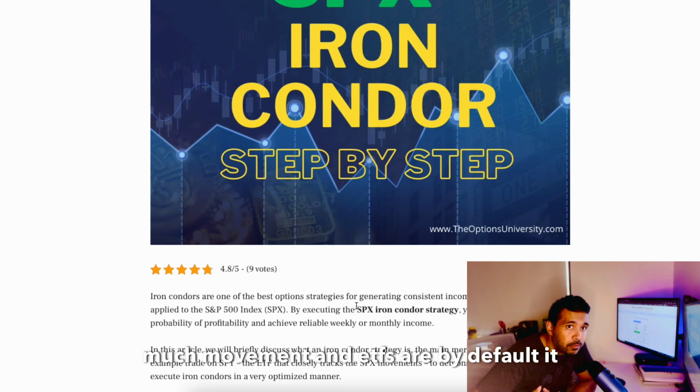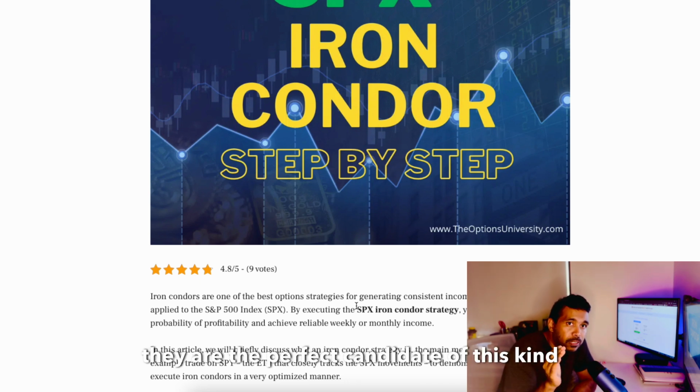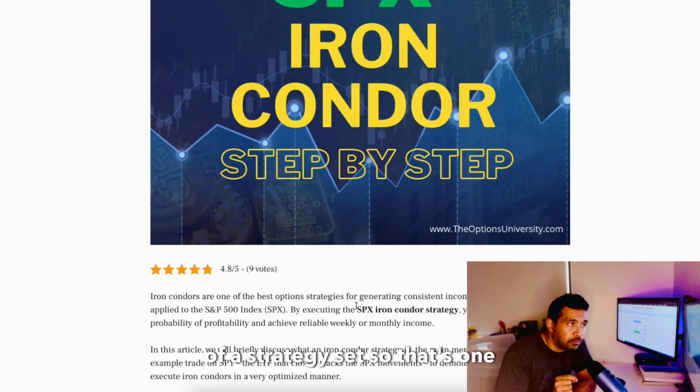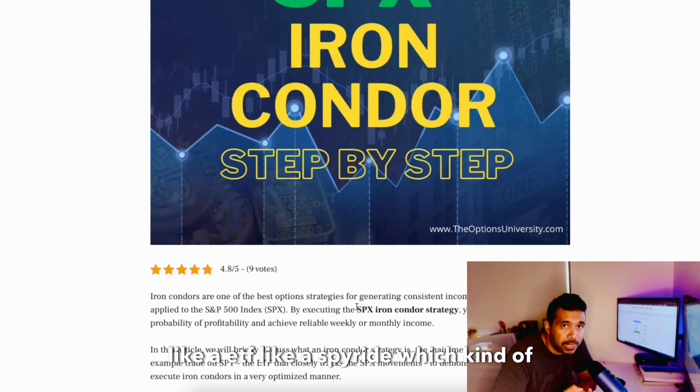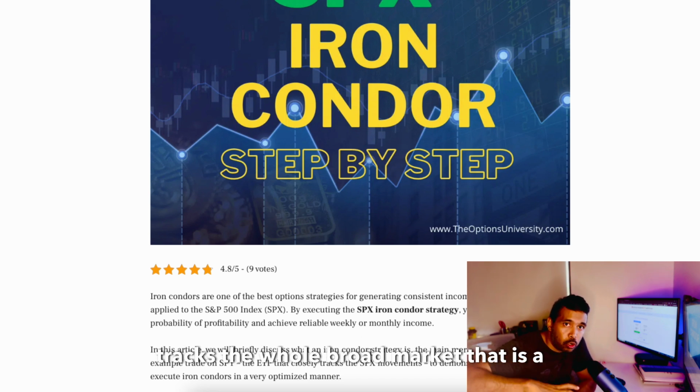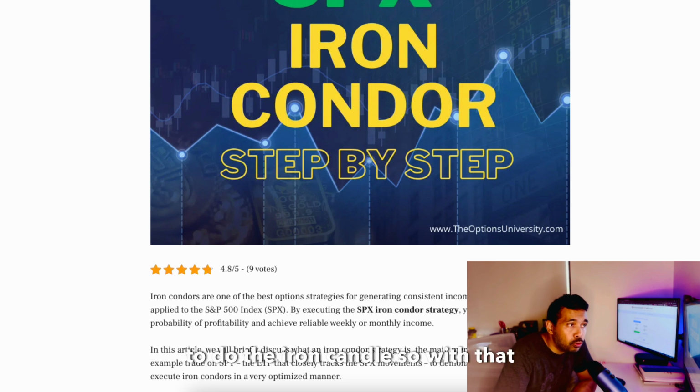ETFs by default don't move as much as a stock moves, right? So they are the perfect candidate for this kind of strategy. That's why it's best that you do it on an ETF like SPY, which tracks the whole broad market. So that is a very good candidate to do the Iron Condor.